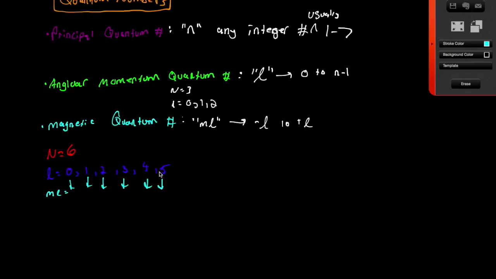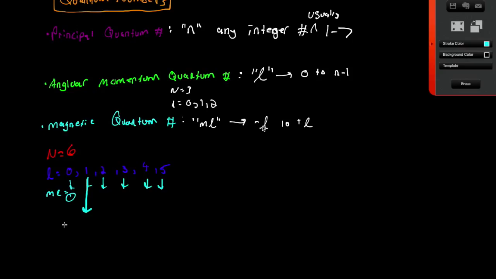So if we pick L is equal to 0, because we know that can be a possibility, plug it into that formula for m sub L, and you just get 0, negative 0 to 0, which is just 0, right? If now we choose L is equal to 1 because we know that's one of the possibilities, then we just input that into the formula, and we know that it just goes from negative 1 to positive 1.